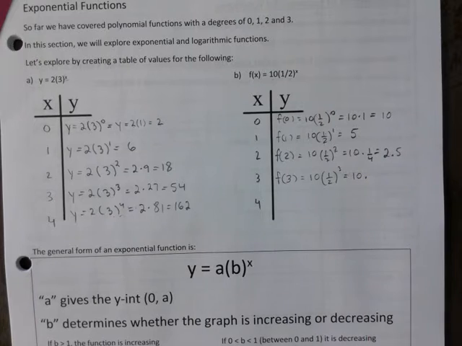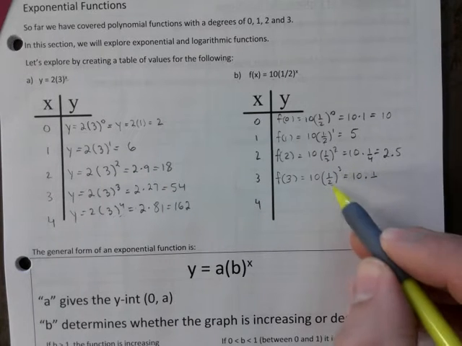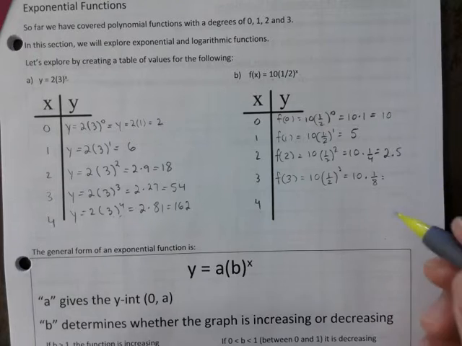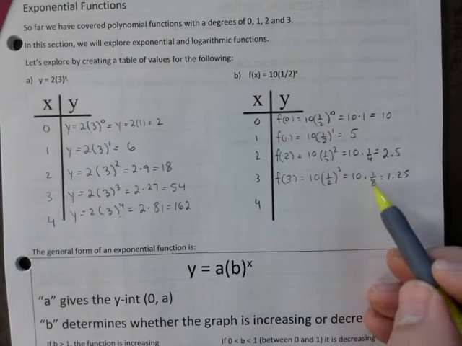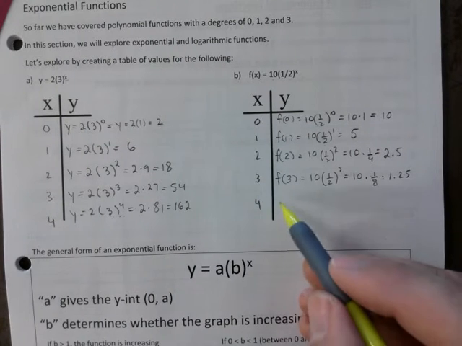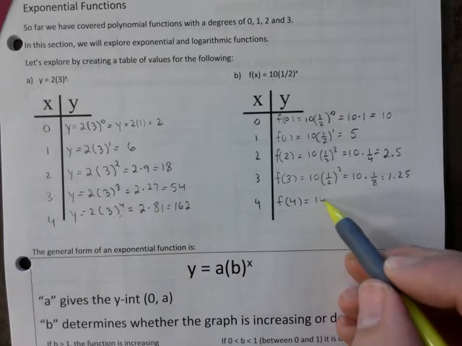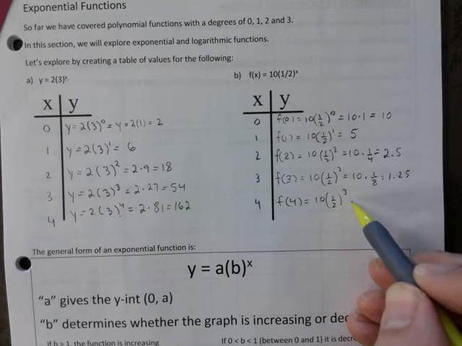That's 10 times, what's (1/2) to the power of 3? 1 to the power of 3 is just 1. 2 to the power of 3 is 8, right? And that is 1.25. It's really 10 times 1 divided by 8, or 10 divided by 8, same thing. f of 4, so when x is equal to 4, have you noticed a pattern already?